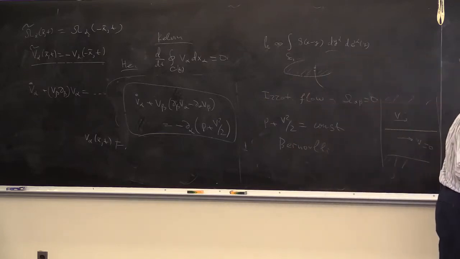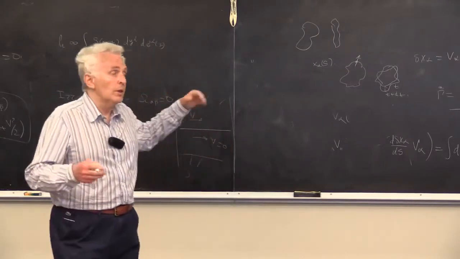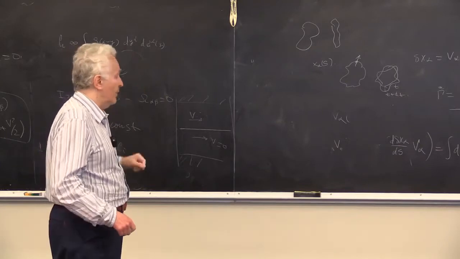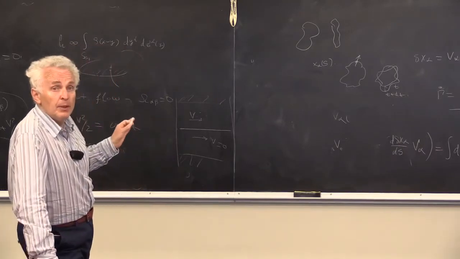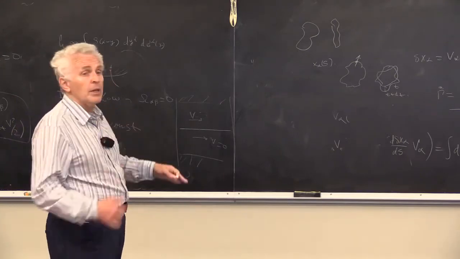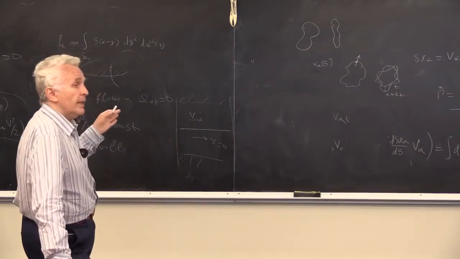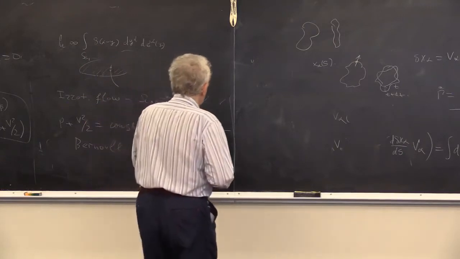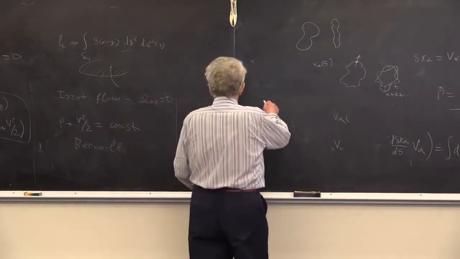You can, of course, do the calculations of the type we did with small variation of the velocity. By the way, this type of calculation for this case you can find in Landau and Lifshitz. It's called Kelvin-Helmholtz instability. I will not do the calculation. I instead show you how Bernoulli predicts instability.